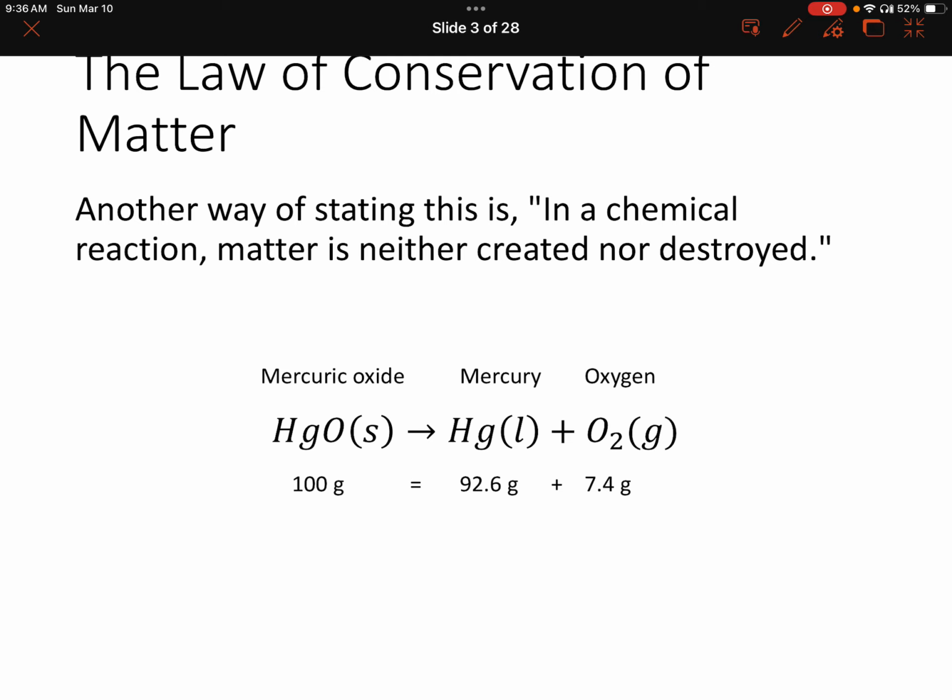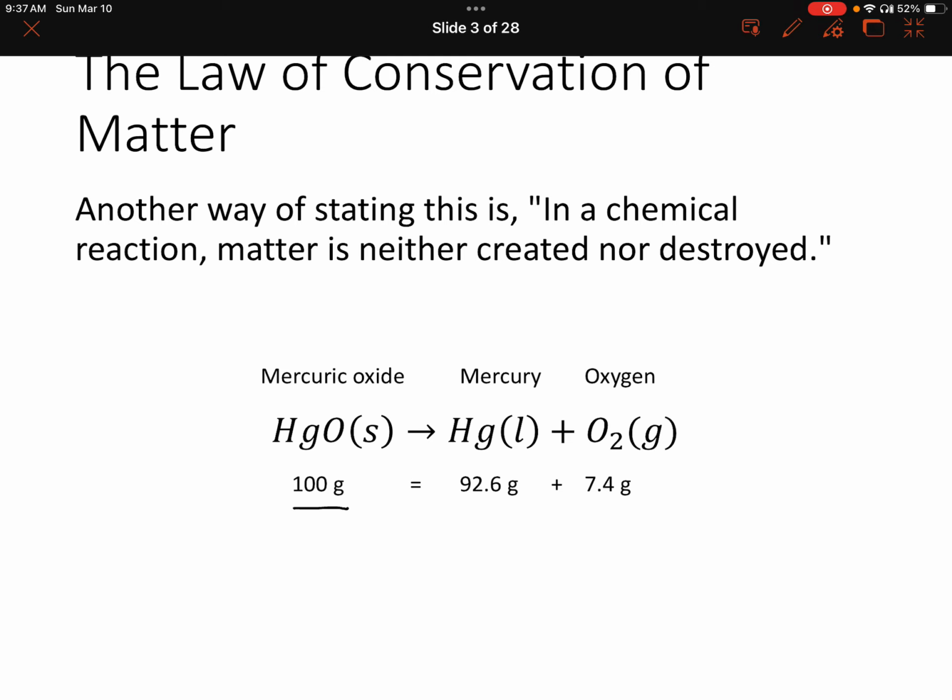But the main idea here is, let's say we weigh out the mercuric oxide to start, and we find that our sample weighs 100 grams. Now, when it decomposes into mercury and oxygen, the mass of everything should still add up to 100 grams.